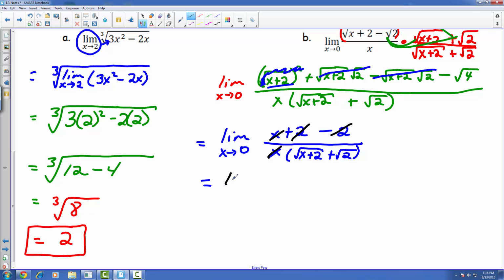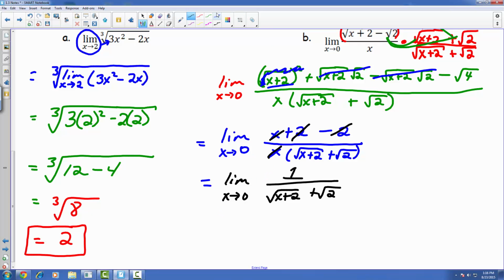So ultimately, we end up with the limit as x approaches 0. Since there's nothing left on top, we have a 1 on top over that square root of x plus 2 plus the square root of 2. Now, again, before that 0 was giving us the issue, so now that it's canceled, we can go ahead and use that direct evaluation.